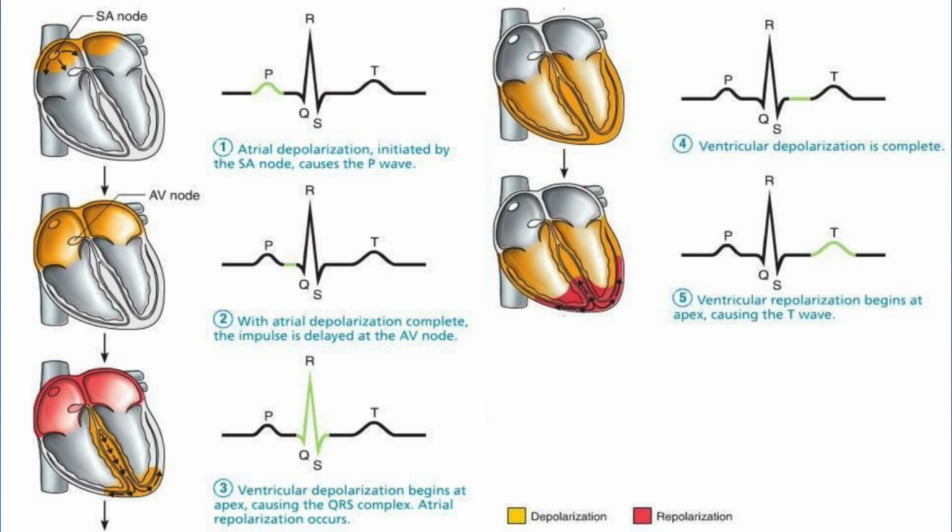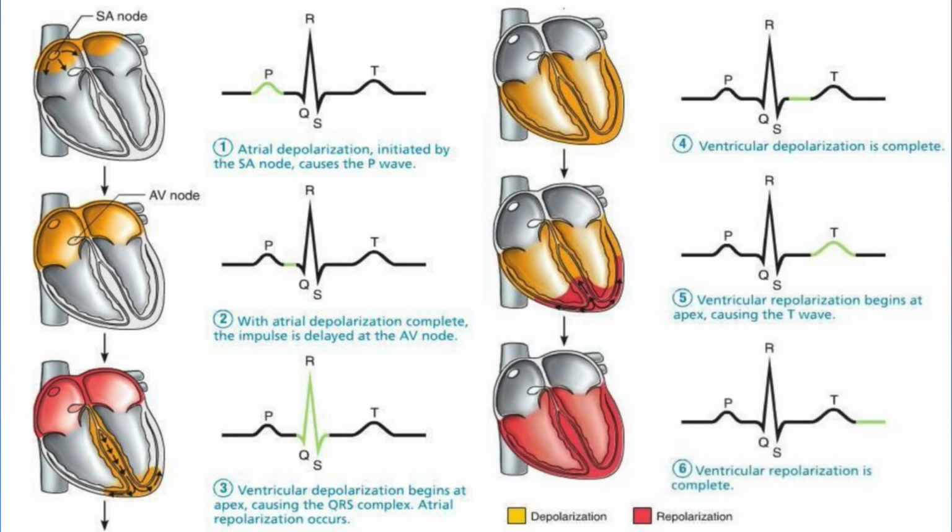It is often obscured by the larger QRS wave being recorded simultaneously. The T wave represents ventricular repolarization, when the cells regain a negative charge, also called the resting state. It follows the QRS complex and is usually the same direction or deflection as the QRS complex.